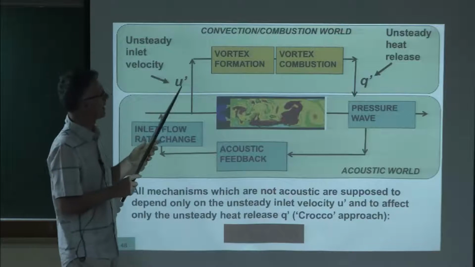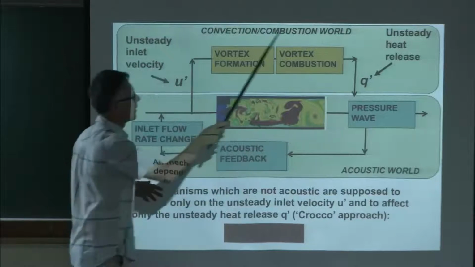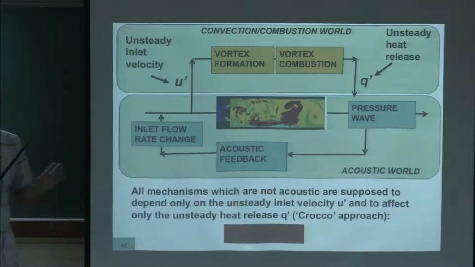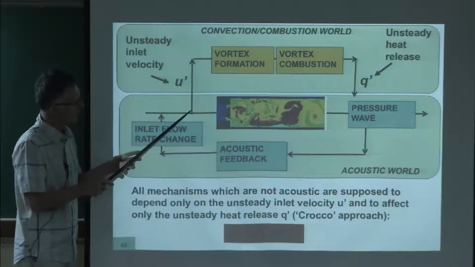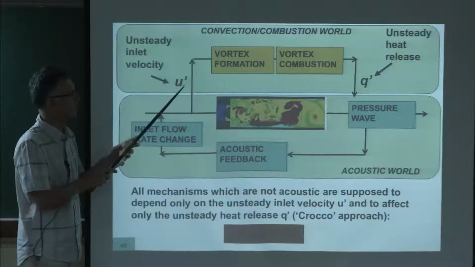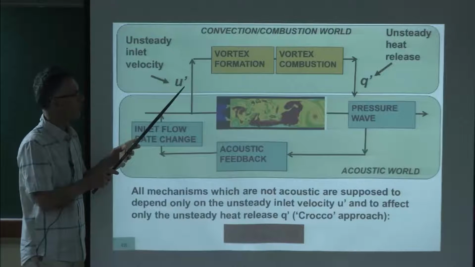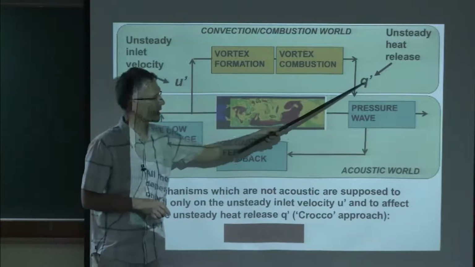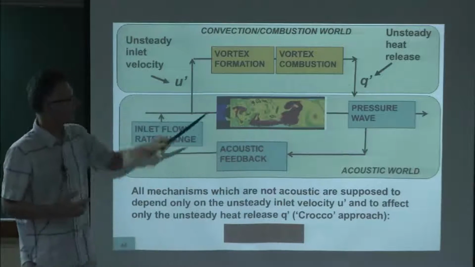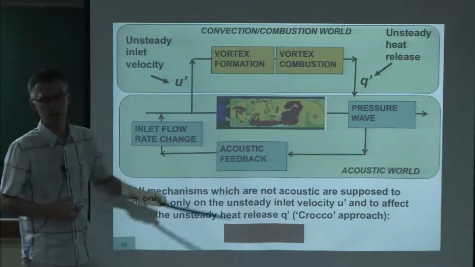But you can completely replace all this box here by a simple equivalent model, which tells you, if you tell me what is the inlet velocity perturbation U prime, and what this U prime is creating as Q prime, unsteady heat release, then everything else here I can take care of.